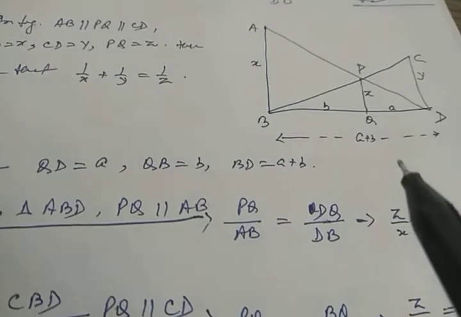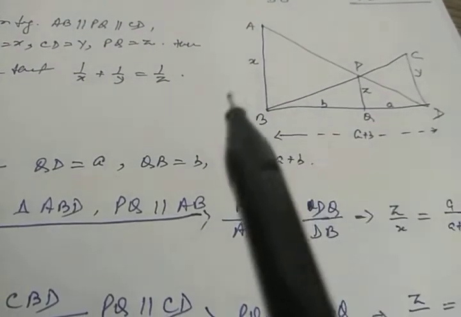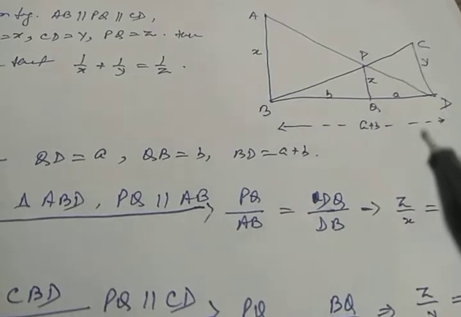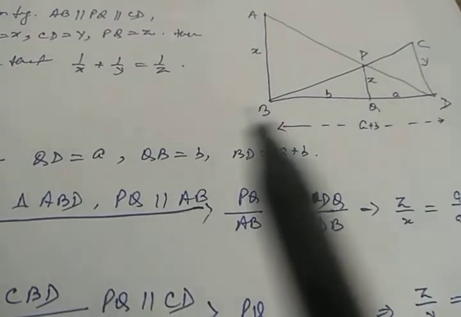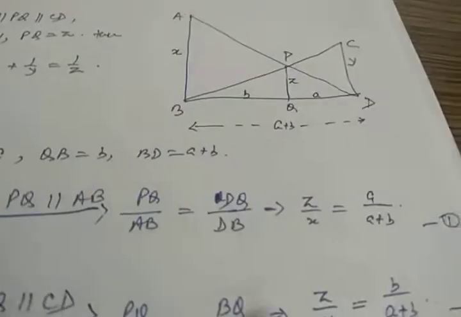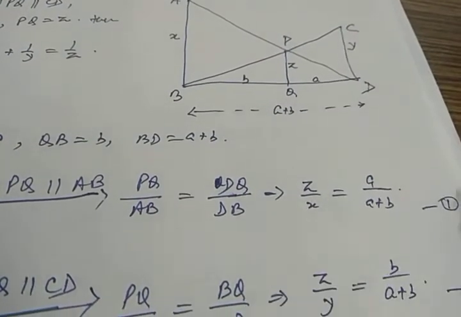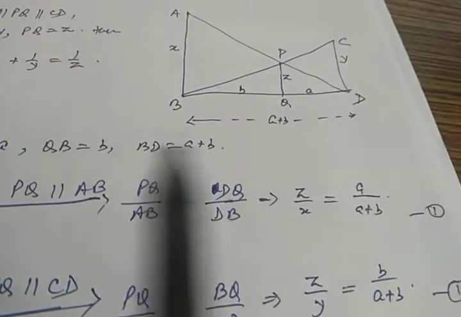You can take ratios, so PQ by AB should be DQ by DB. Now PQ is your Z, so Z by X is equal to A by A plus B. You can write directly Z by X should be equal to A by total A plus B.